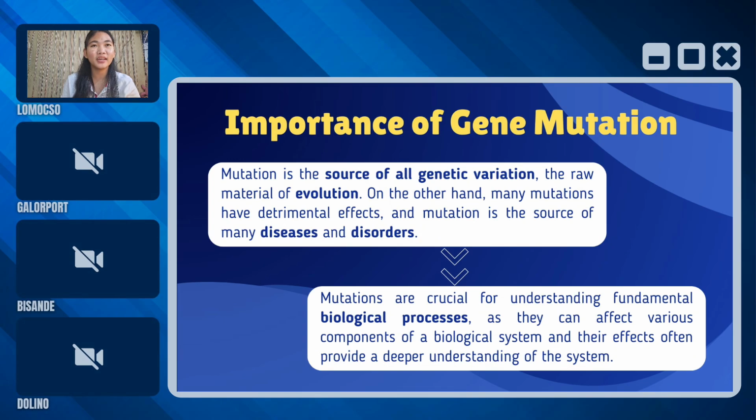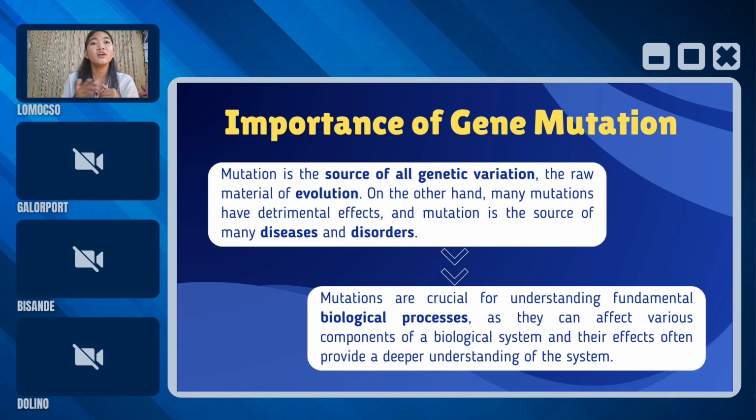Mutations can be considered a sustainer of life and at the same time the cause of great suffering of many organisms. It is the source of all genetic variation, the raw material of evolution. The ability of an organism to adapt to environmental change depends critically on the process of genetic variation in natural populations, and genetic variation is produced partly by mutation.